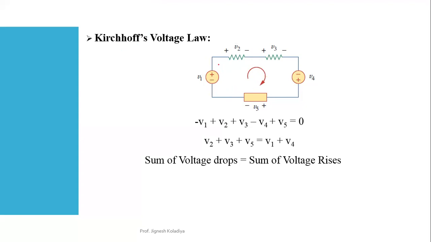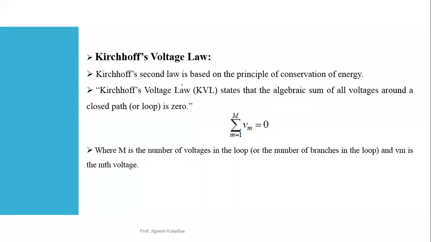Okay, now it is up to you: if the leaving node is positive and you are taking this sign as positive, then you have to take negative for this if your current end is leaving with negative sign, right?